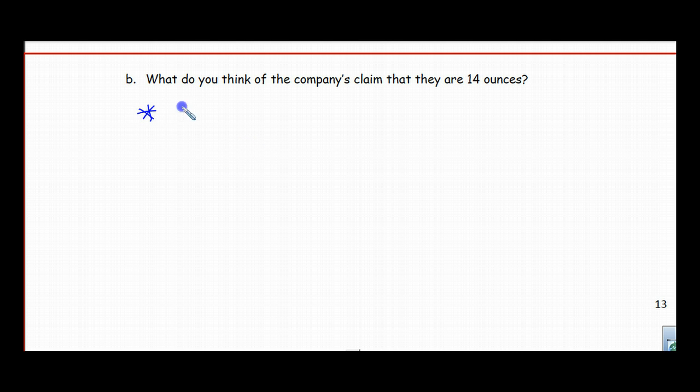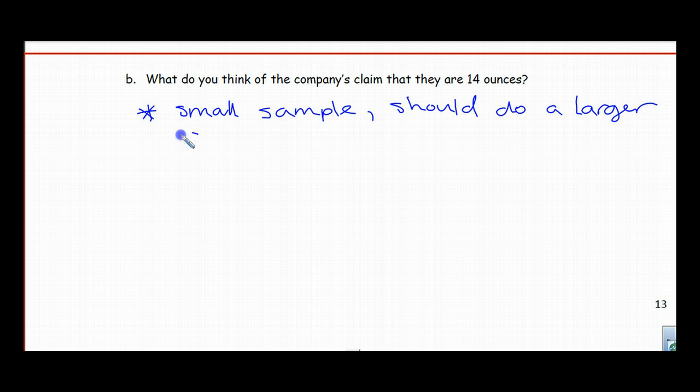We could say something about it's a small sample, and we should do a larger sample to be accurate. So that's one thing we could say.